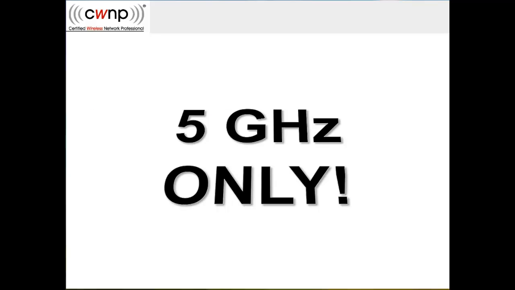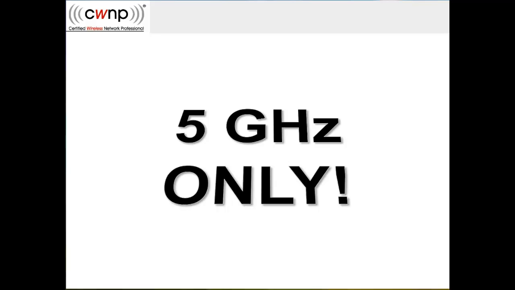First thing you need to know, real big, loud and clear: 5 gigahertz only. 802.11ac is not really in 2.4 gigahertz. You'll often see individuals say, here's an 802.11ac device, it works in 2.4 and 5 gigahertz. And you see this in a lot of consumer packaging that's out there right now at your electronics stores.